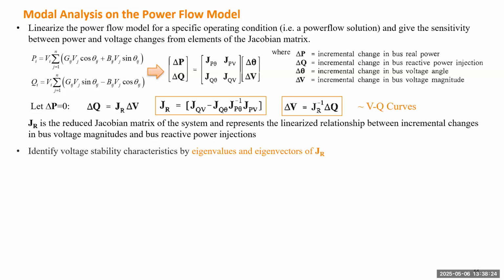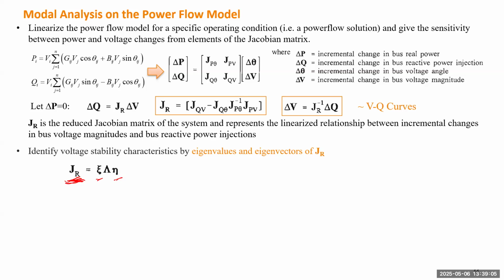To identify voltage stability, we can utilize that matrix JR. And we can solve eigenvalues and eigenvectors, similar to the small signal stability analysis for the dynamics of the generator. Let's assume JR as a matrix can be diagonalized, which means it will be multiplied by a non-singular matrix ξ on the left-hand side, and also multiplied by another non-singular matrix η on the right-hand side.